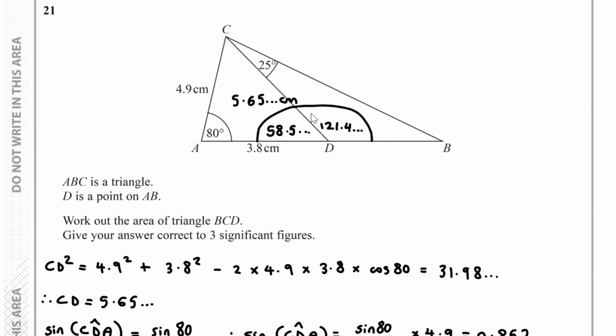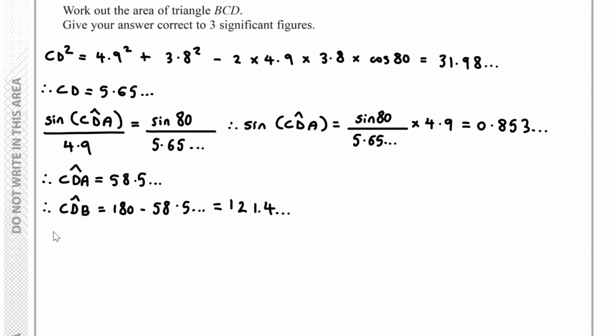Well, let's think about how we can do this. If I know what this angle is over here, we can use the sine rule again. The angle CBD we can easily work out. CBD will equal 180 minus 121.4, etc. minus the 25.